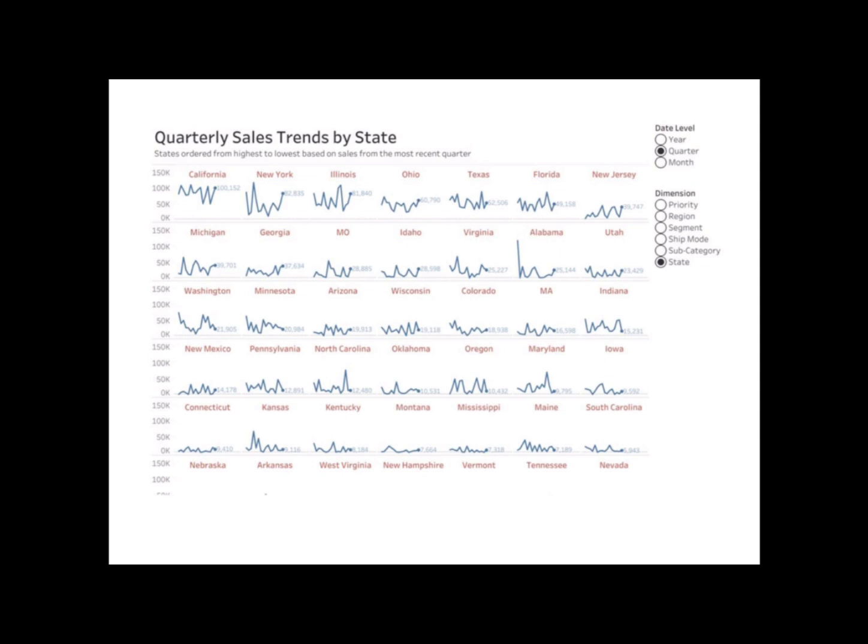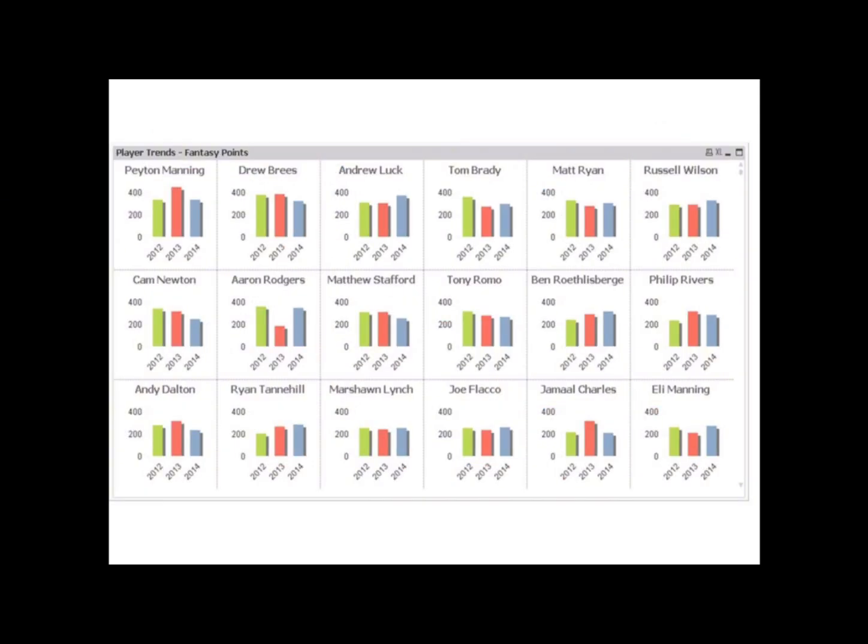Like this one, you wouldn't want to have a y-axis on each of these charts. That would put too much unnecessary ink into your chart. So what this author has done is just used the y-axis on the first chart of each row of charts to represent all of them. That helps make it a little bit cleaner and easier to read.